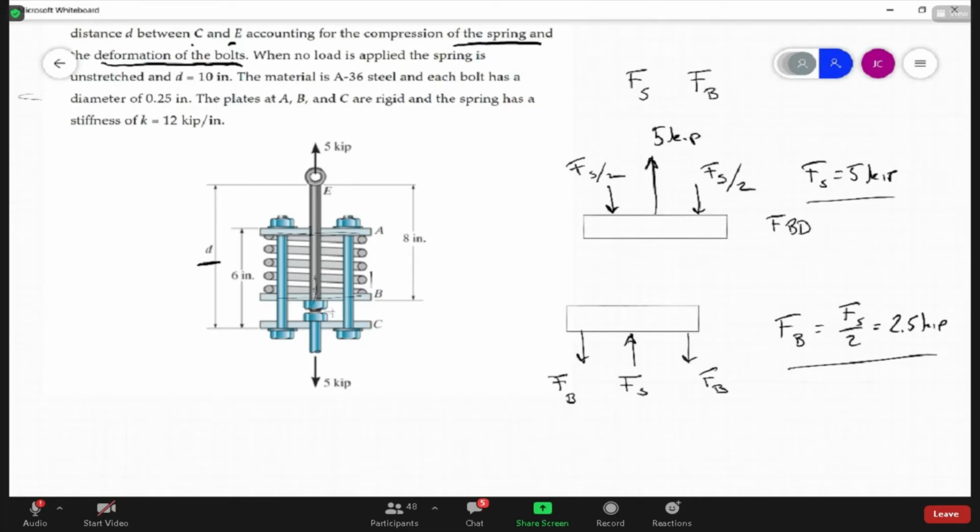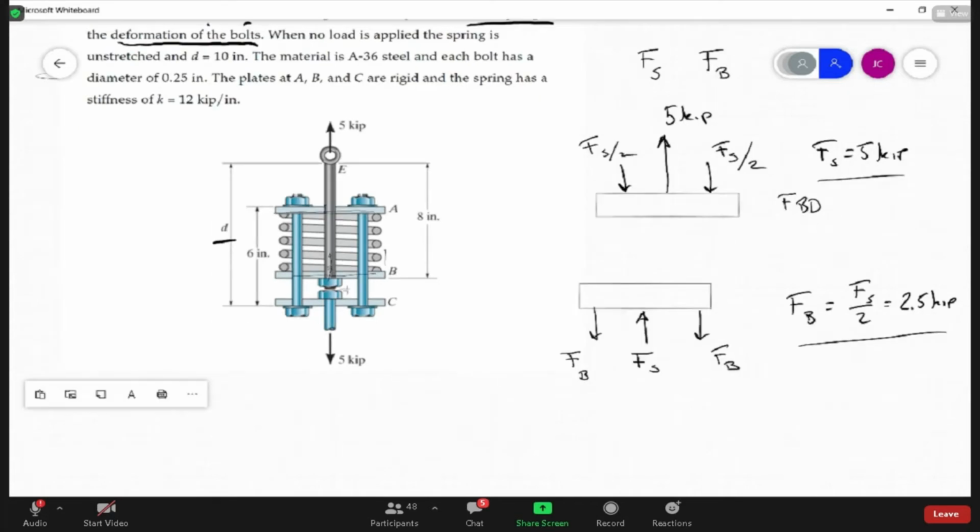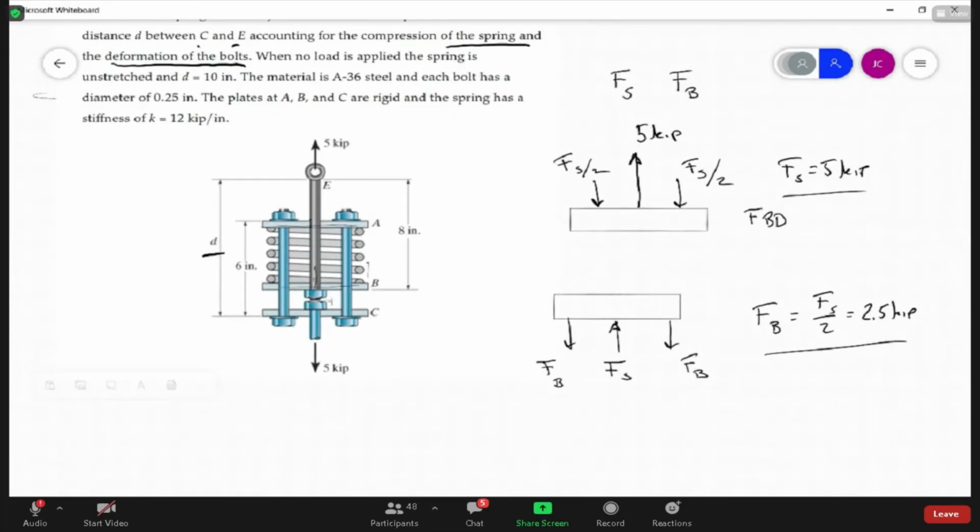All right. So now, I can figure out the compression of the spring and the elongation of the bolts. So this is the compression of the spring. Let's figure that out. That is the force of the spring divided by the spring constant. And it's going to be a negative number, so we'll put a minus sign in there.